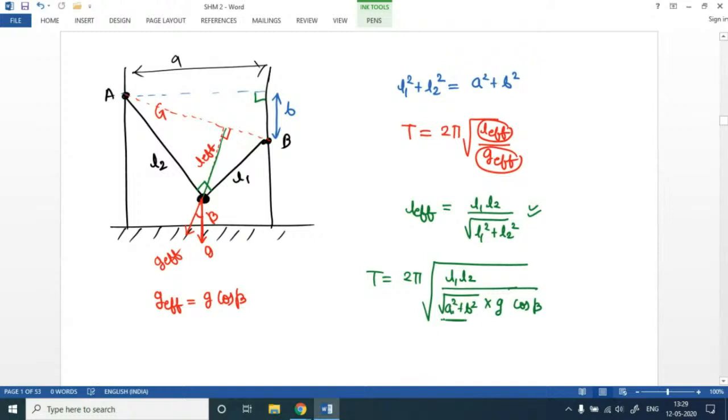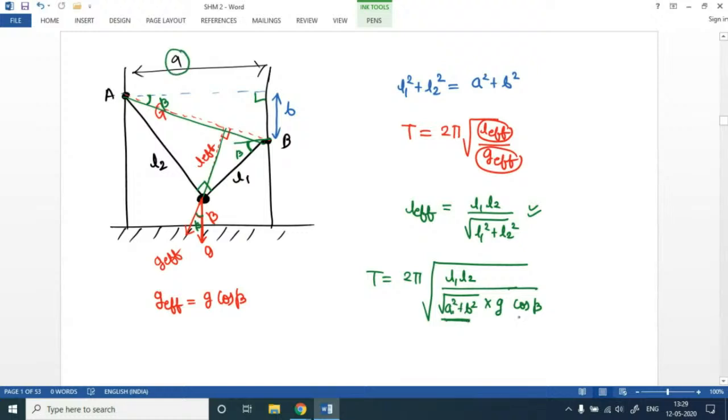Please understand, this root under a square plus b square is nothing but length AB. So how much would be AB cos beta? Like this angle beta, we are saying this is the angle beta. So obviously this angle here would be beta as well, and this angle here would be beta as well. So you should realize that AB cos beta would be nothing but length a over here.